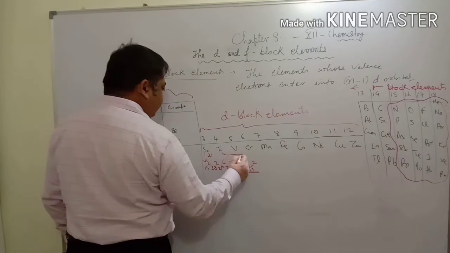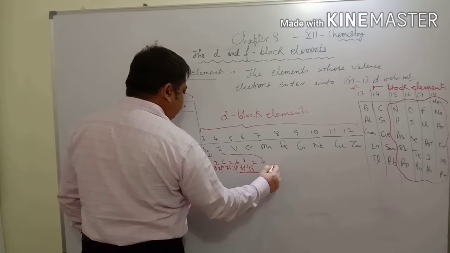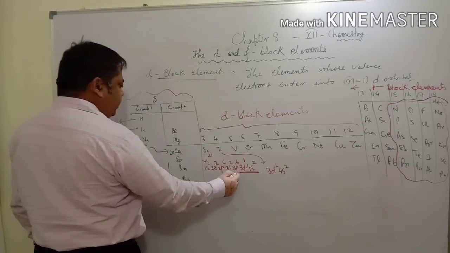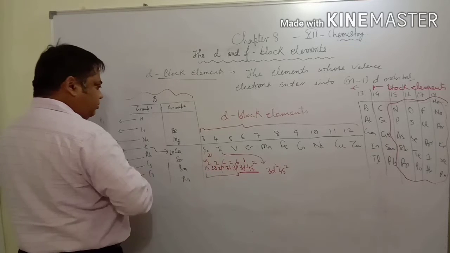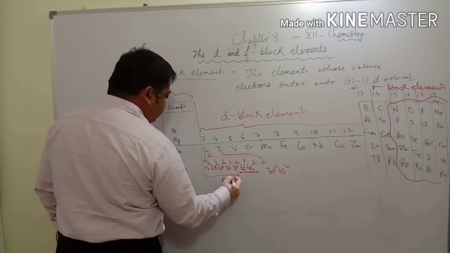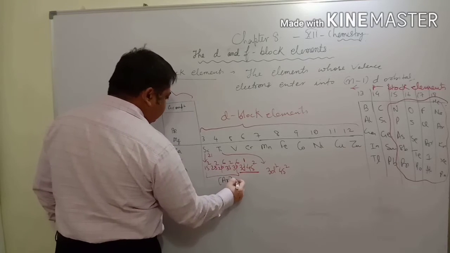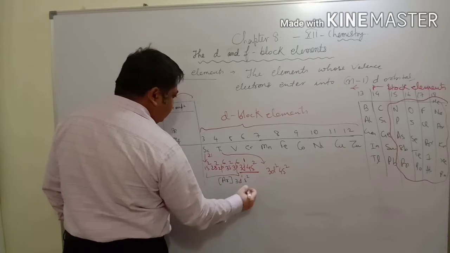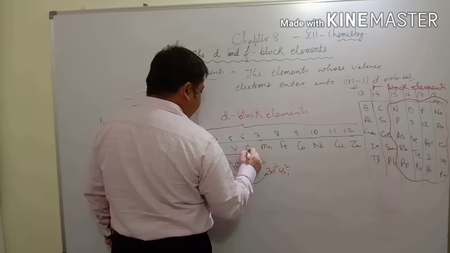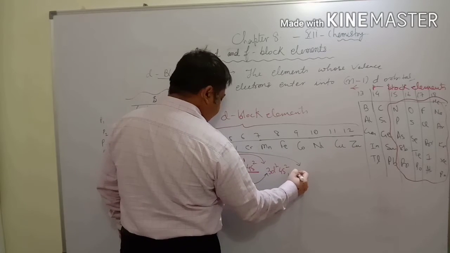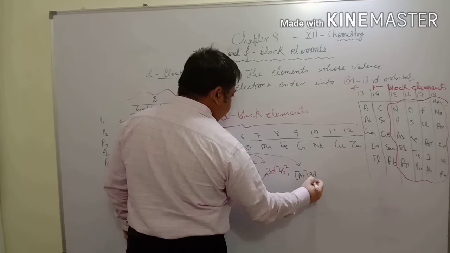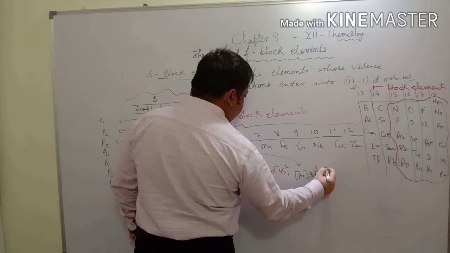Similarly, titanium will be 3d2 4s2. Up to this we can write argon, and this we can write as 3d1 4s2, then 3d2 4s2. Then similarly for vanadium it will be argon 3d3 4s2.